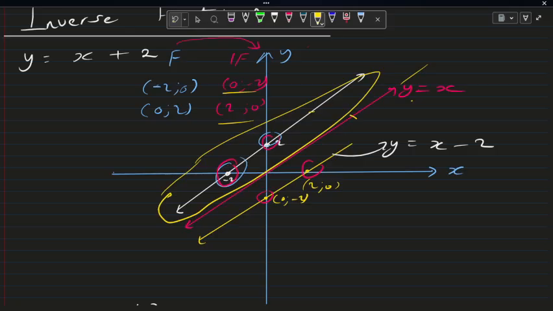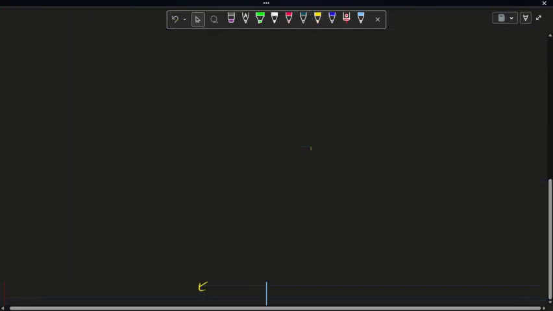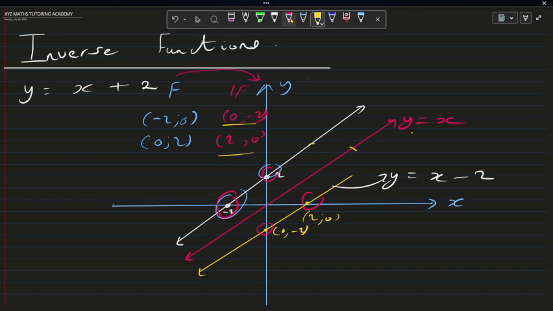That one is very simple, because we simply swap. Before the swapping even happens, we know that this graph has a one to one relationship.